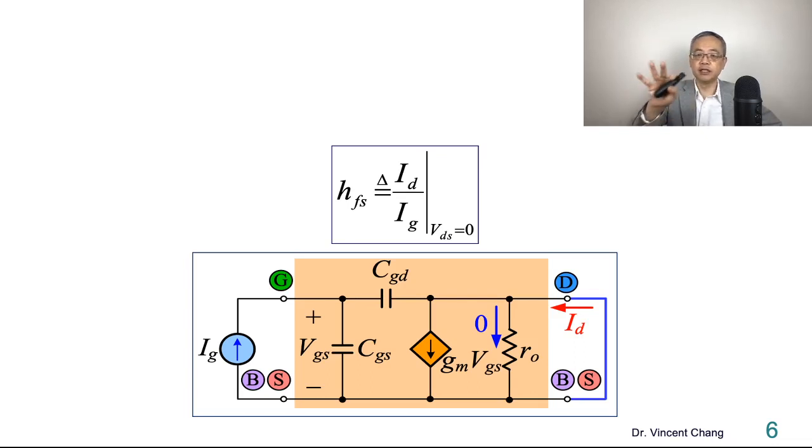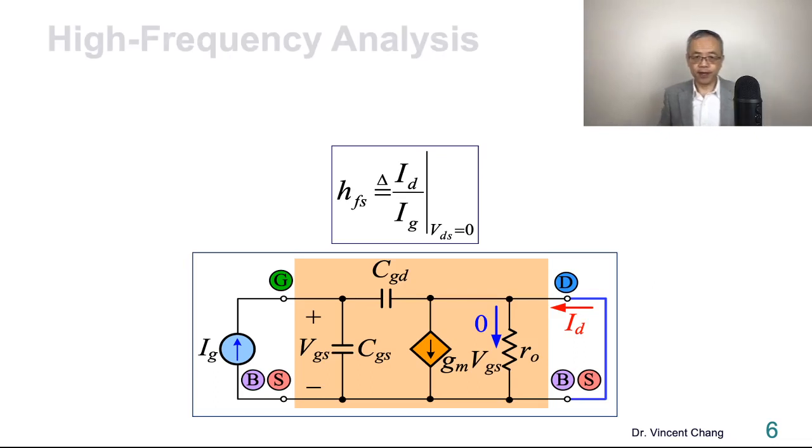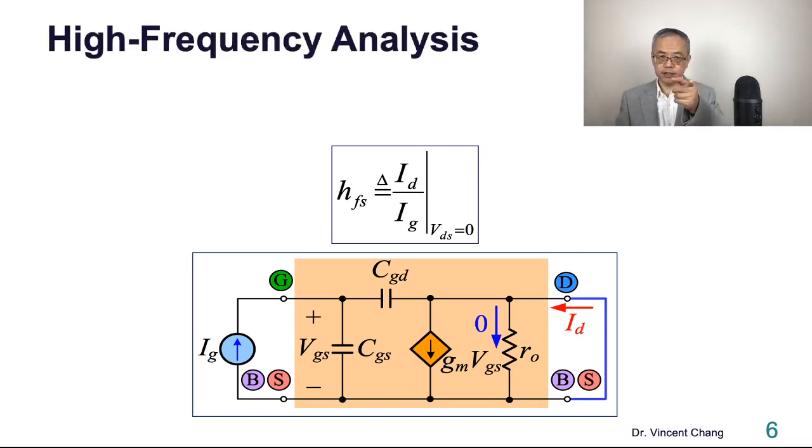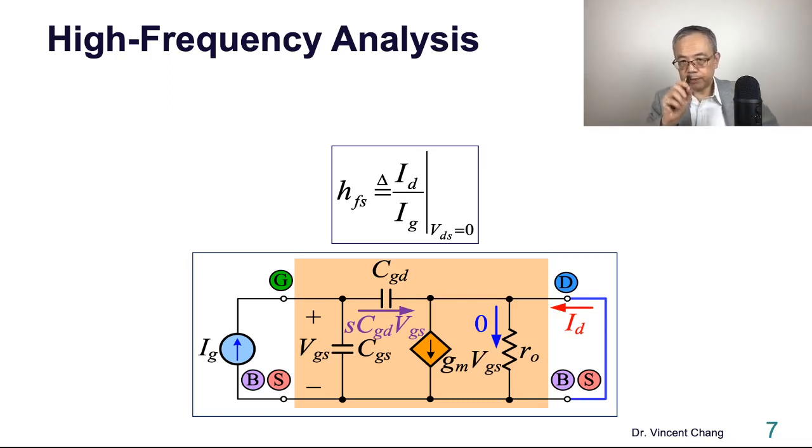A complex frequency domain, because the two capacitances are now involved. So let's focus on ID. Because VDS equals 0, the current going through RO equals 0. And then, high frequency, look at the title, analysis. So you have to consider the purple current. The voltage across CGD is what?